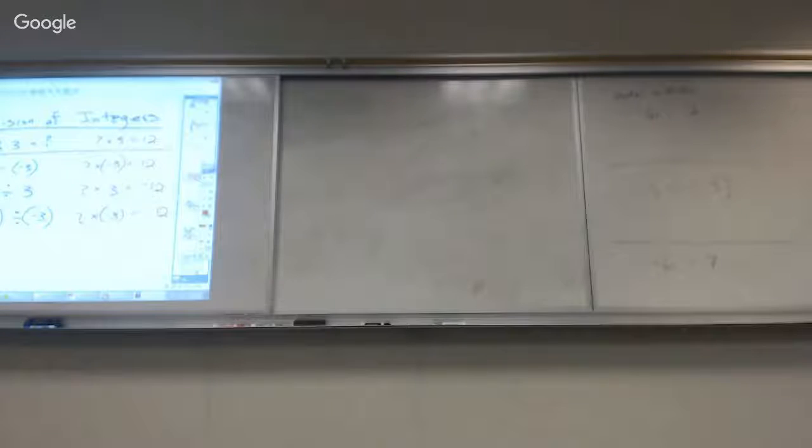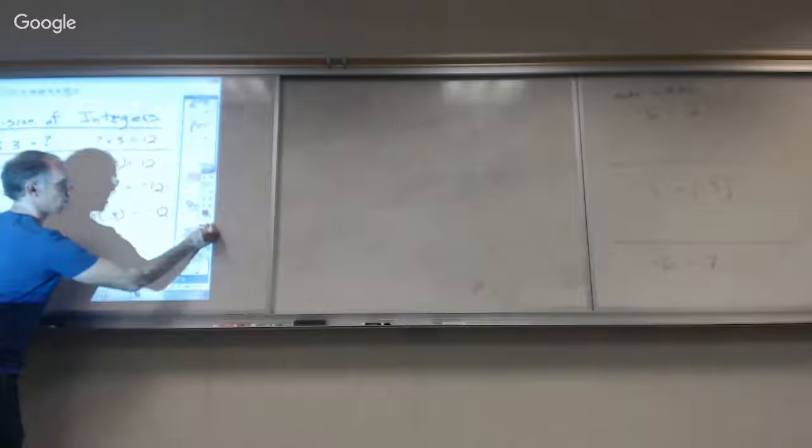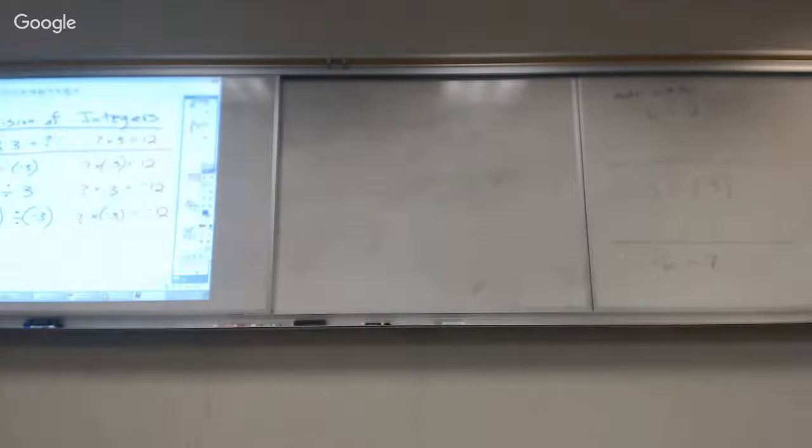So based on these examples, can we come up with new rules for dealing with division? We already know how to deal with multiplication. What are the rules for division? They're essentially the same. They're the same rules. There's no difference, really. Otherwise, you're going to have to know how to divide, but determining the sign. So the rules: if the numbers are the same sign, you get a positive answer.